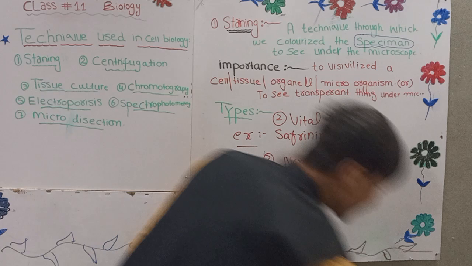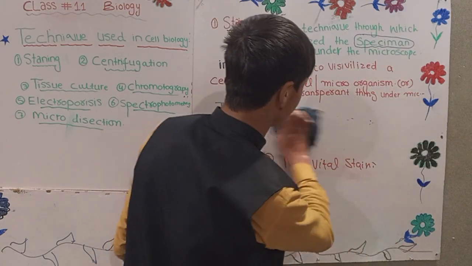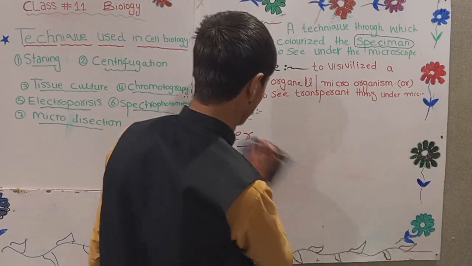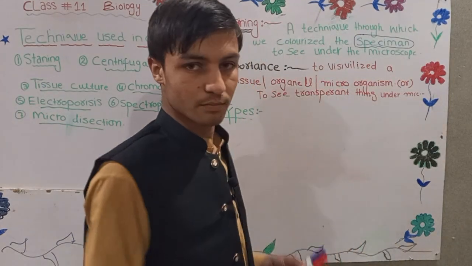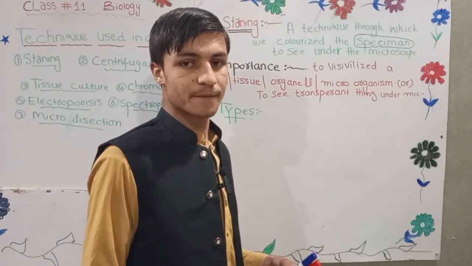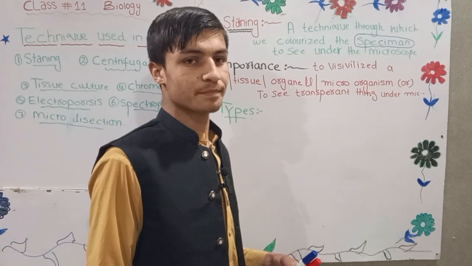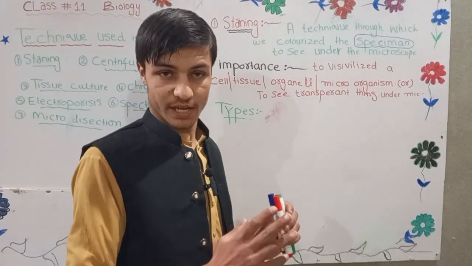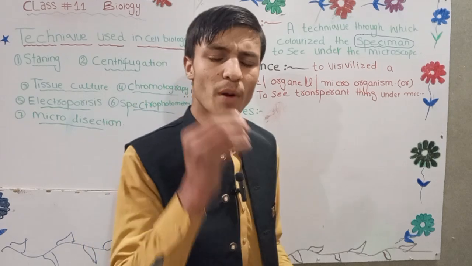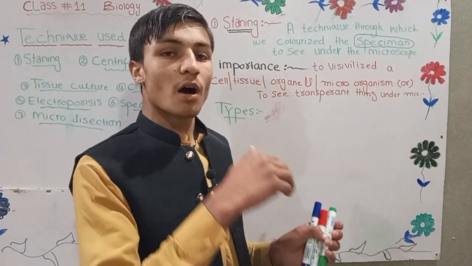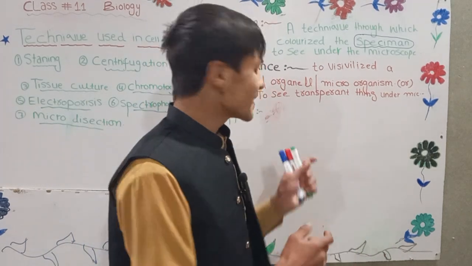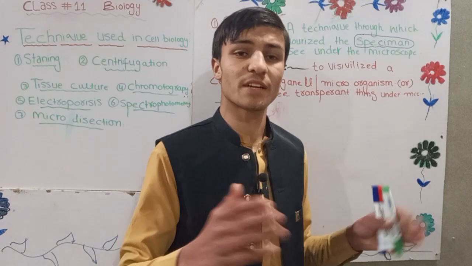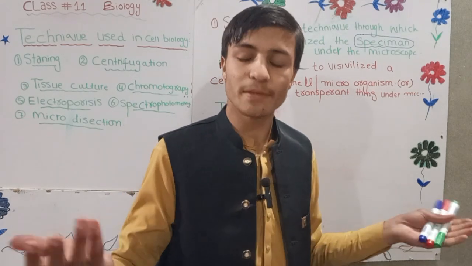Another type is permanent stain and temporary stain. Permanent stain is a type of stain that, once applied, will not finish and we are not able to remove.